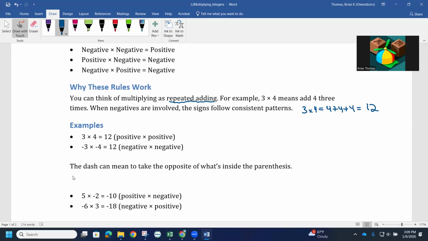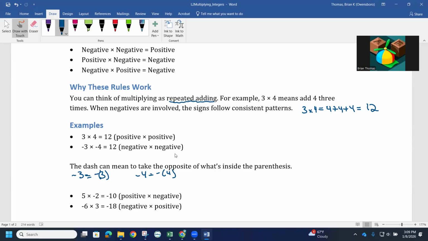So if I have a negative 3, the negative 3 is also the same thing as the opposite of a 3. So I can actually pull the negative out and put a positive 3 in the parentheses. So negative 3 is equivalent to the opposite of a 3. Similarly, negative 4 is the same thing as the opposite of a positive 4.